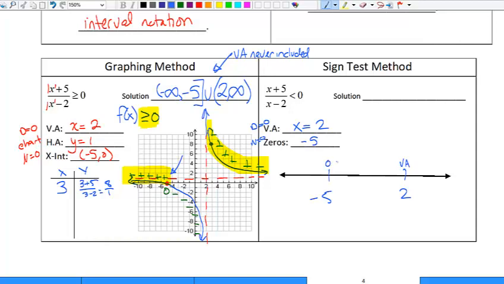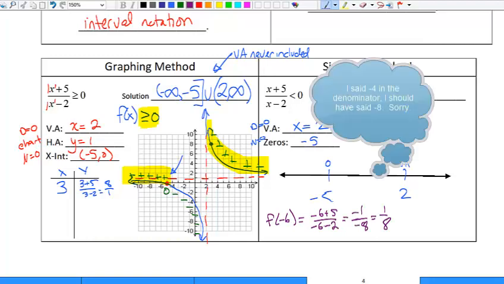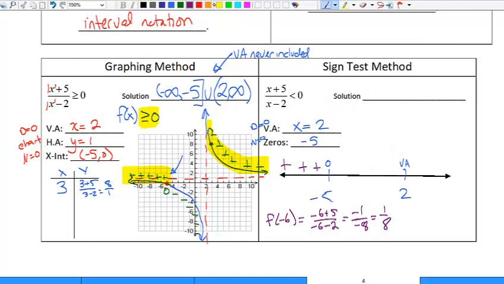But I still need to work out the 3 branches, so I'm going to find something to the left of -5, which we'll choose -6. So we'll go ahead and plug that in. I'm getting -1 over -8, which is positive. Then I'll try the next branch, which will do something between -5 and 2.